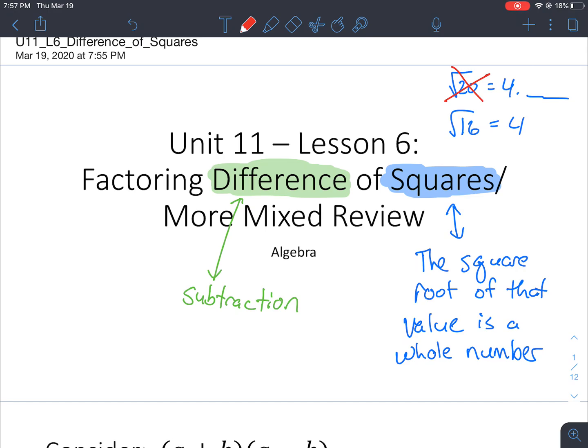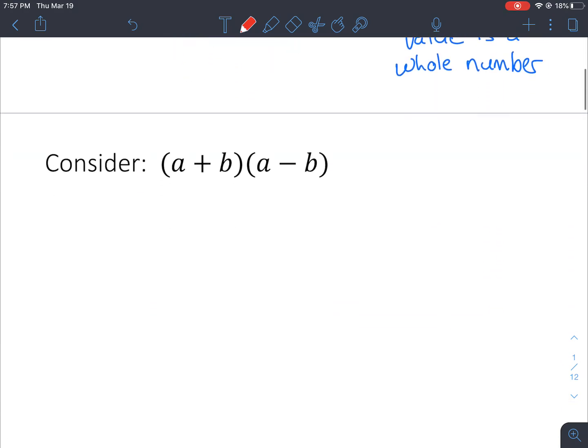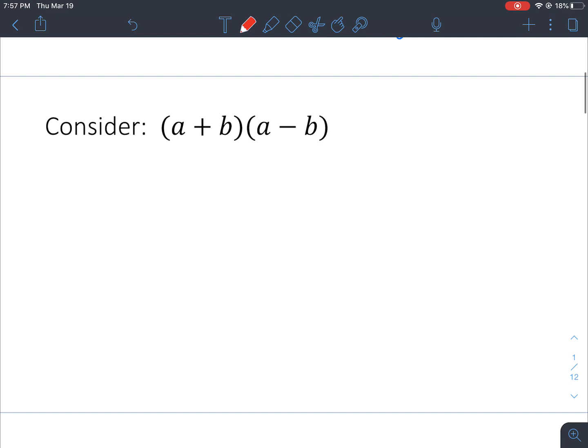Okay, so what we're basically going to be seeing is something where we are subtracting, hence the word difference, and we're going to be utilizing numbers that are perfect squares, which means when we take the square root of it, we get a whole number, no decimals. Okay, so what we're going to start by doing is an introductory and review problem at the same time.